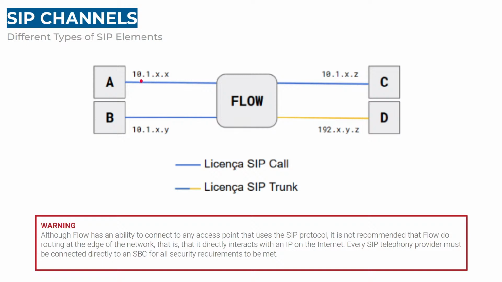If your communication is in the same network, for example, if you have an SBC and a dialer in the same network, you can use only the SIP call license. You don't need another license different than that. But take care, because it's very important to know that if you need analytics, normally you will need the SIP trunk license.